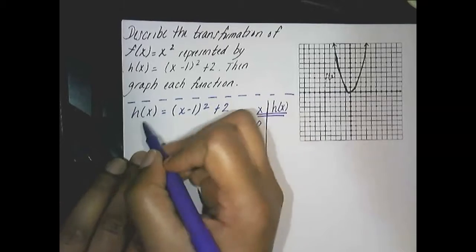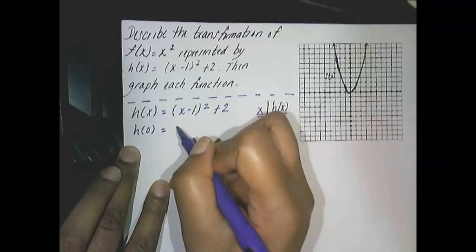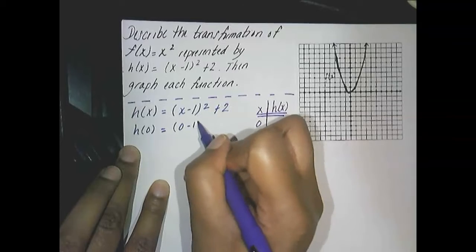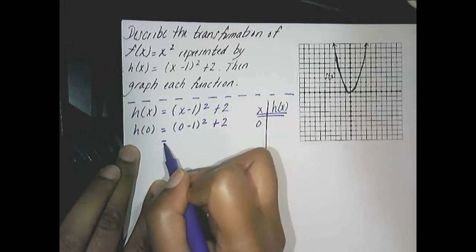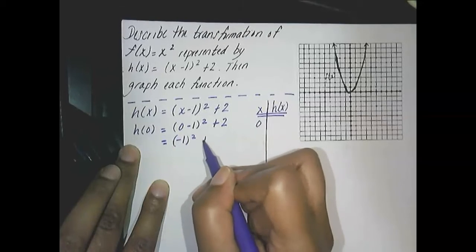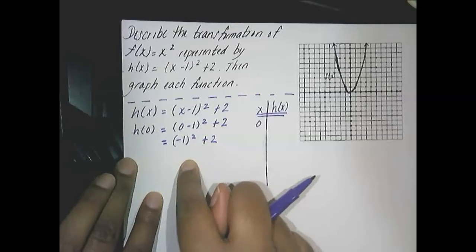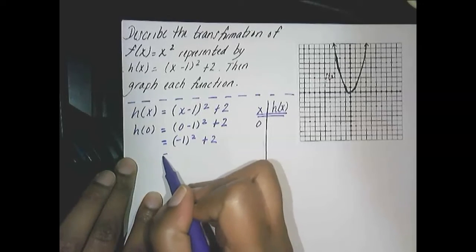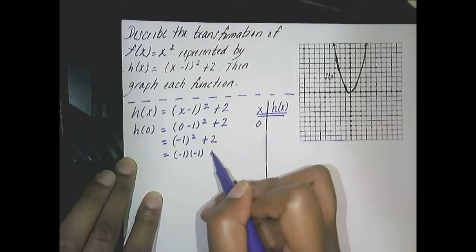I'm going to do h of 0, and that's going to be 0 minus 1 squared plus 2. So 0 minus 1 is just -1. That's going to be squared, and we add 2 to it because we have to start with parentheses first. Now we go to our exponent. This is the same thing as -1 times -1, and we're adding 2 to it.